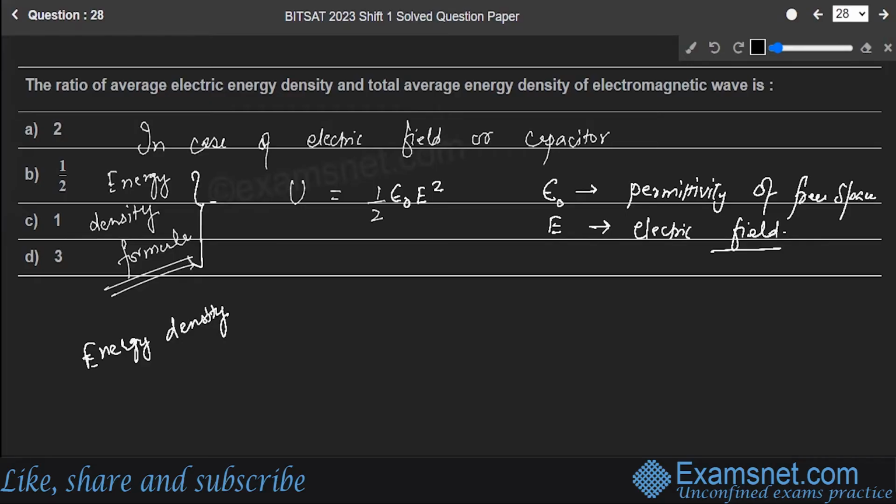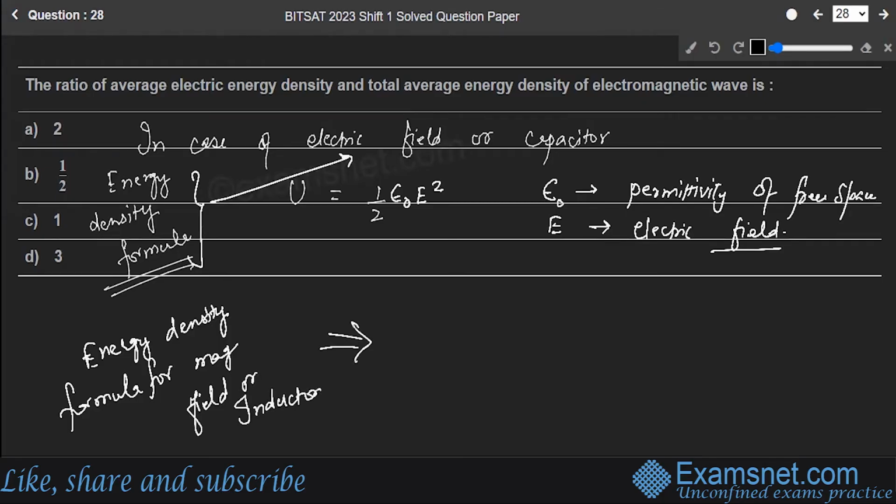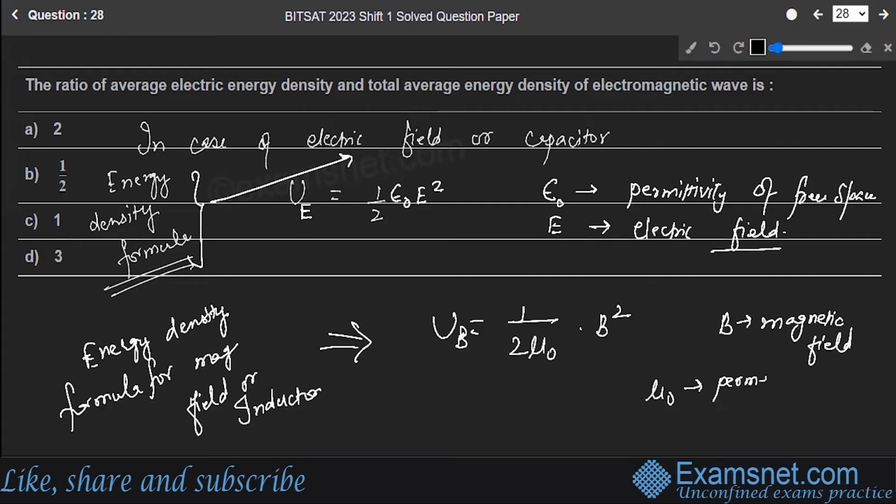This was for the case of electric field. The energy density formula for magnetic field or inductor is given by, let's say this is for the magnetic field, so I'm representing it with UB. This is UE. This is equal to 1 upon 2 mu naught into B square, where this is your magnetic field and mu naught is permeability of free space.